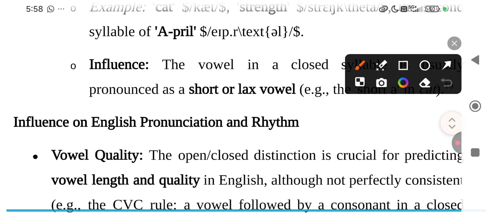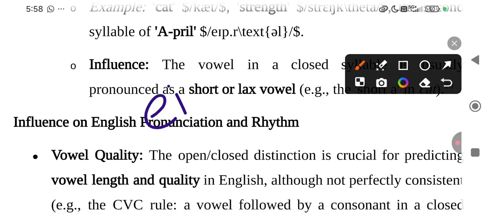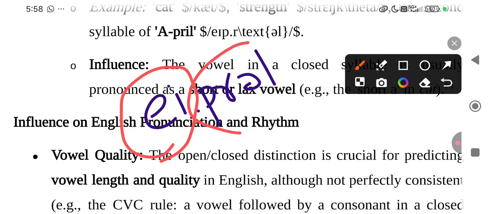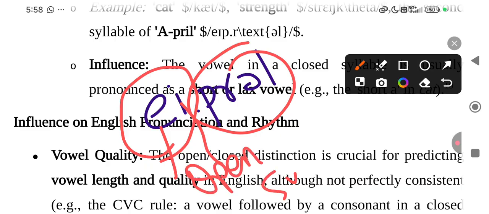Another example, April. First "a", then "pril". In April, the A is open, so that is an open syllable.